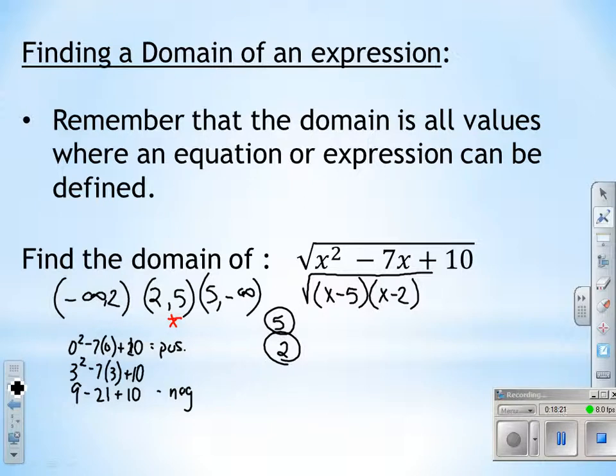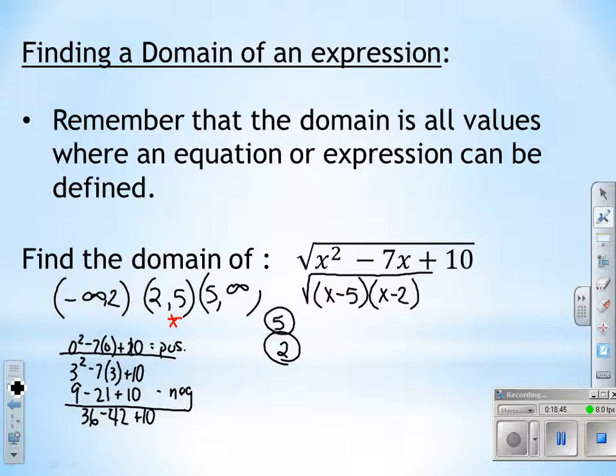Now 5 to positive infinity. What a mess on that one, sorry. My pens are not working great tonight. Positive infinity, let's pick a 6. We throw 6 squared in there, we've got 36 minus 42 plus 10.